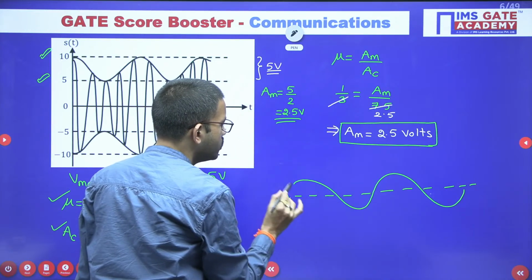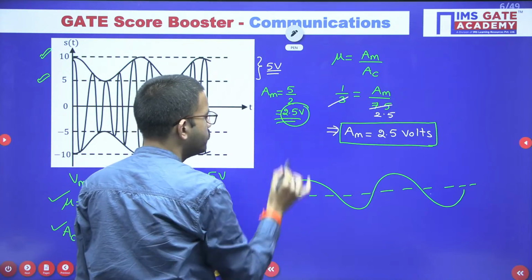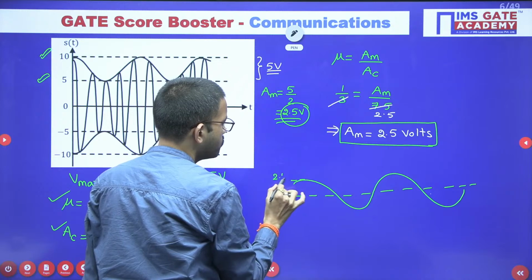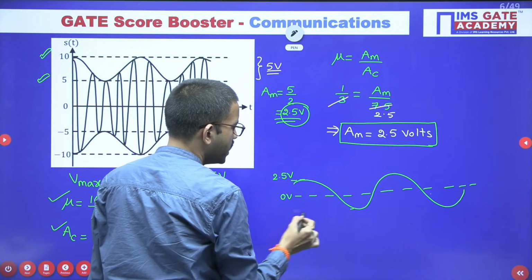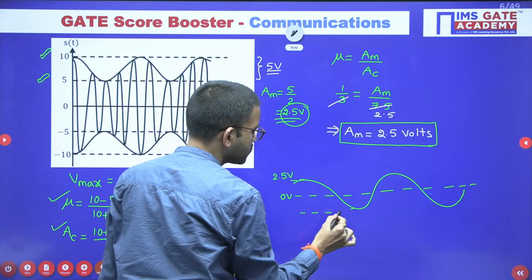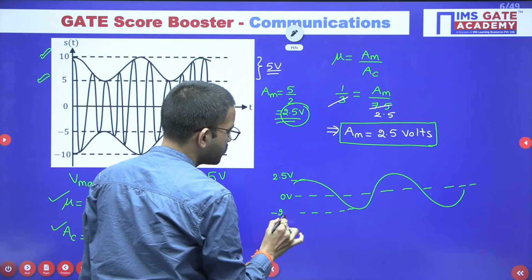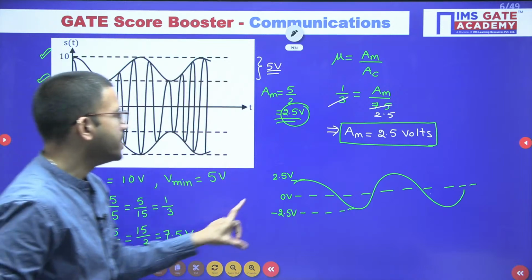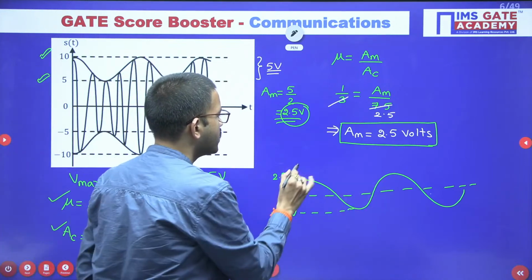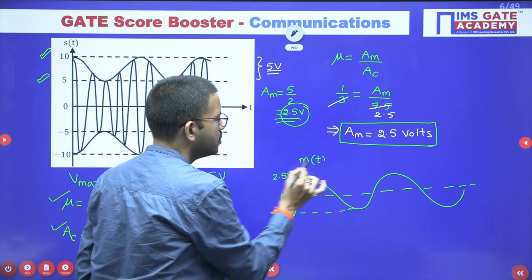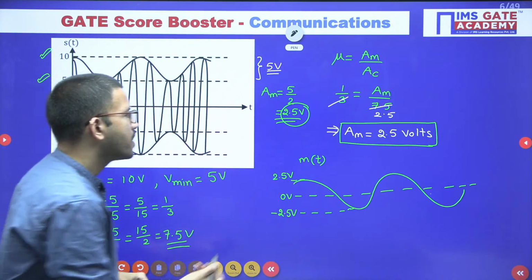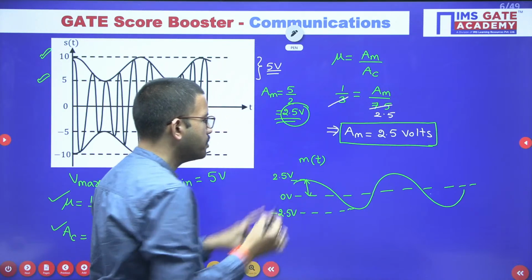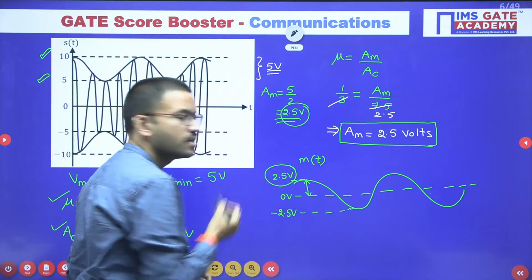In general, you will have it like this, with the reference line at 0 volt. This peak value is 2.5 volt, and this negative peak is minus 2.5. If no carrier signal is superimposed, your original message signal looks like this. You can observe that the peak amplitude of the message signal is 2.5 volt.